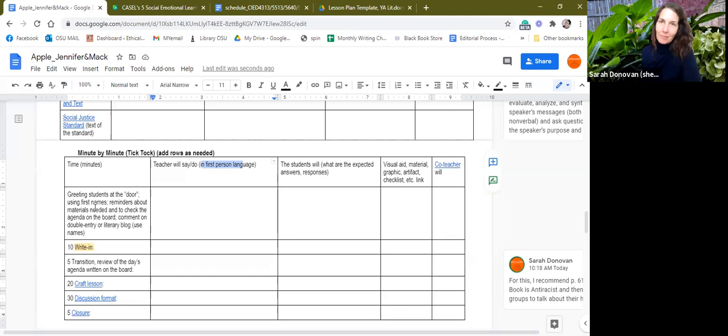But here's what I want to suggest. Maybe you and your partner have a screen with the picture that you're going to have them write about, and then you're just chatting, but use people's names. So you say, at Jennifer, how's it going today? Or tell me a great thing that happened today. Or at Mac, how are you? What's happening?